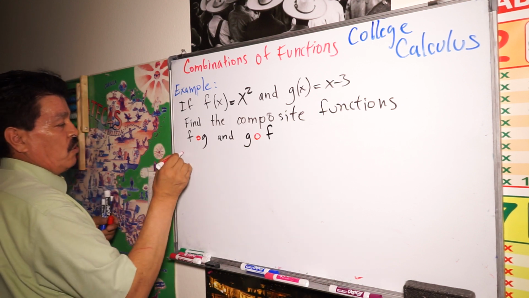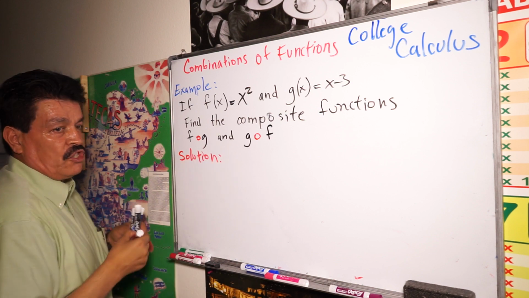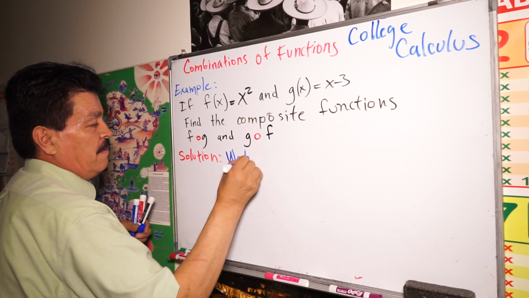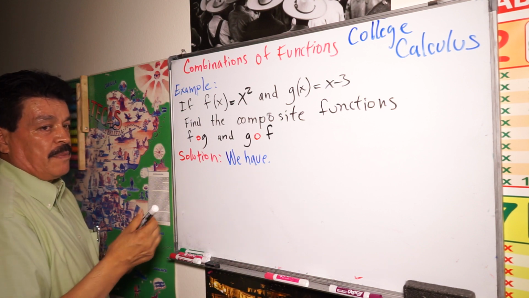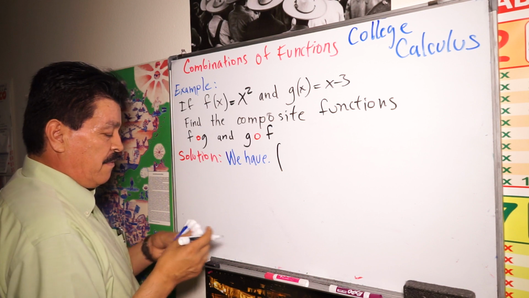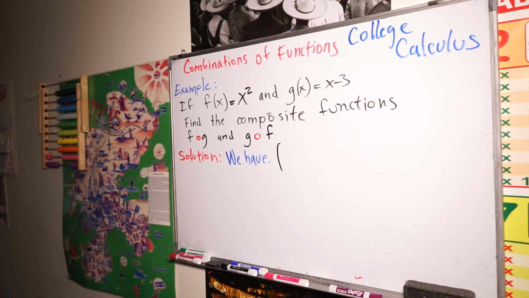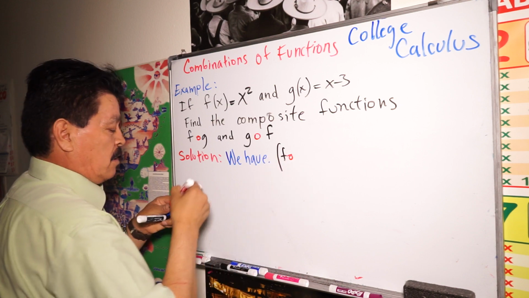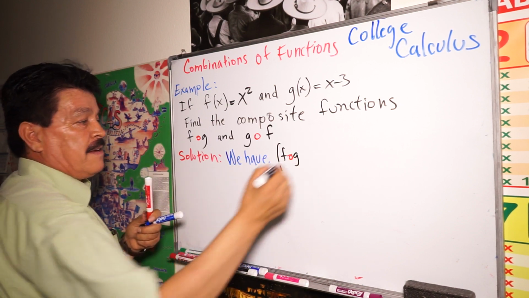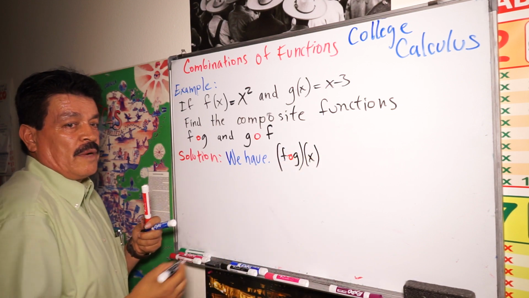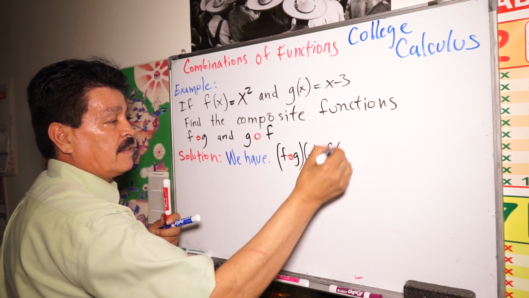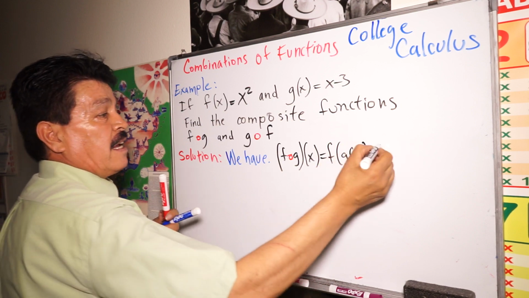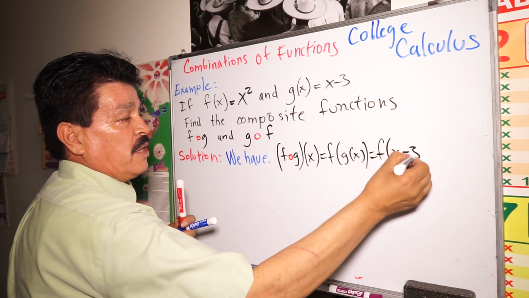Solution. We have here, by the problem, f composition g of x, which equals f of g of x, which equals f of x minus 3, right?